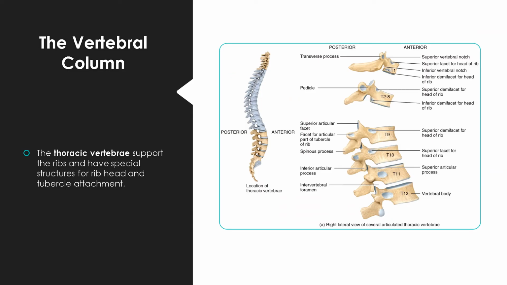Next, we have the thoracic vertebrae. Now, thoracic vertebrae are considerably larger and stronger than the cervical vertebrae. In addition, the spinous processes on T1 to T10 are going to be long and laterally flattened and also directed inferiorly. So you can see this downward pointing direction.